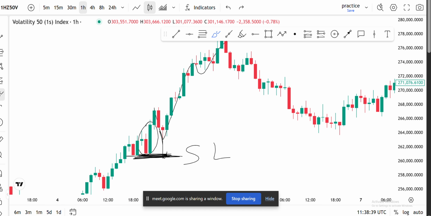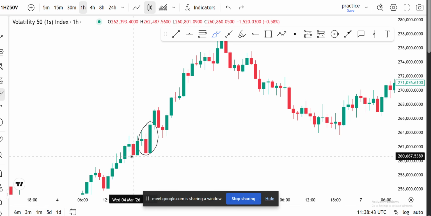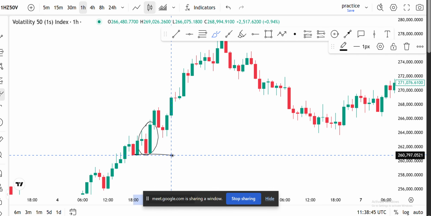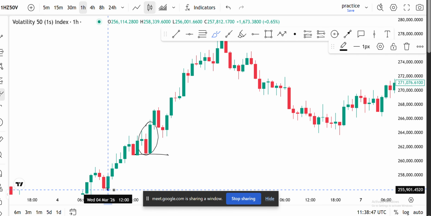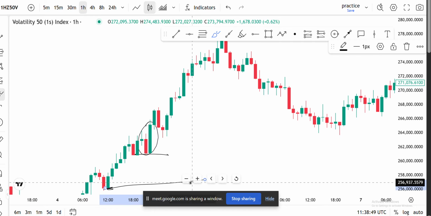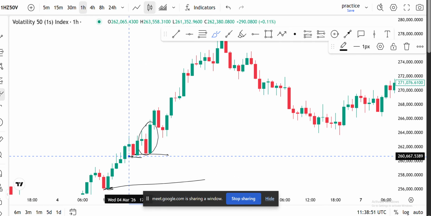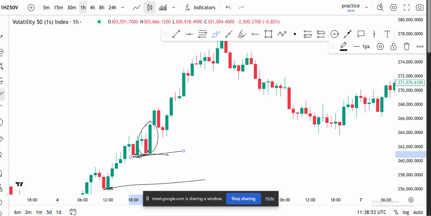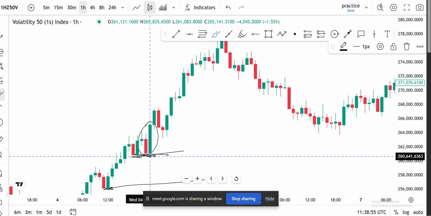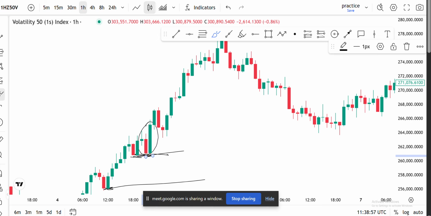You get it now? There's one support here, so here can be your stop loss. There's another support here, but this one is too big. The closest one is safer. Even for this engulf candle, below it is your support. Remember.